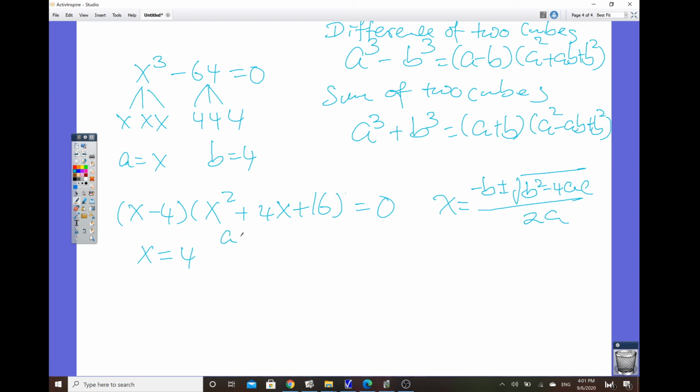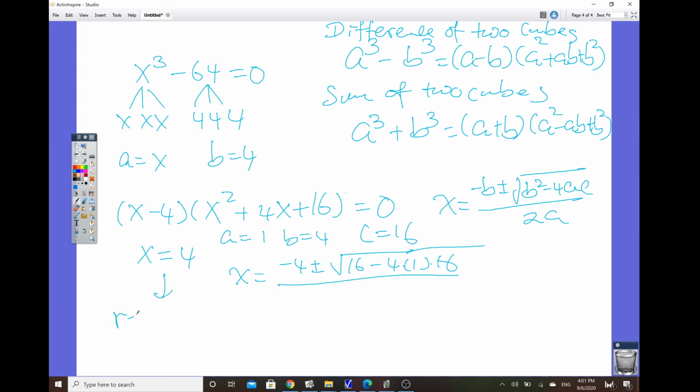So this one, a is 1, b is 4, and c is 16. So negative b plus minus, so negative 4 plus minus the square root of b squared, 16, minus 4 times a times c, so 4 times 1 times 16.